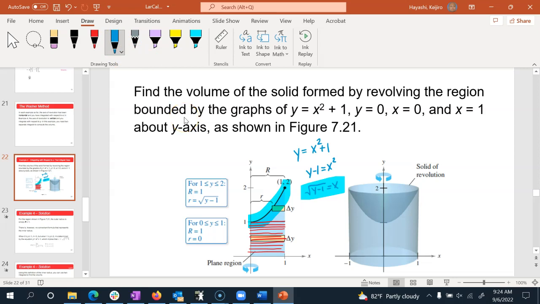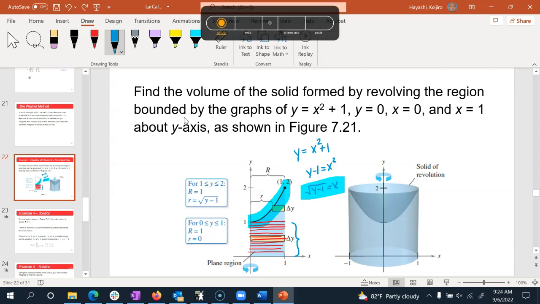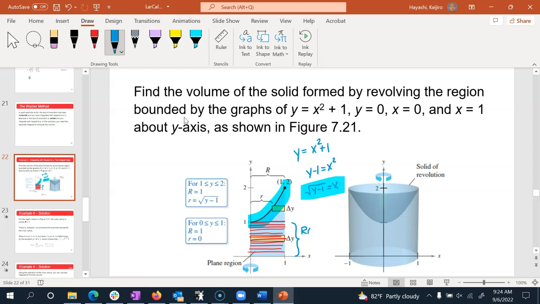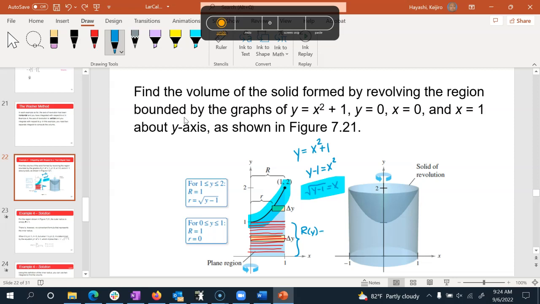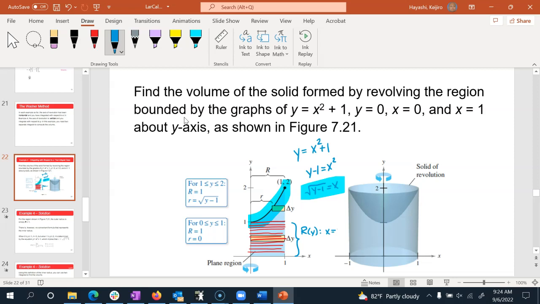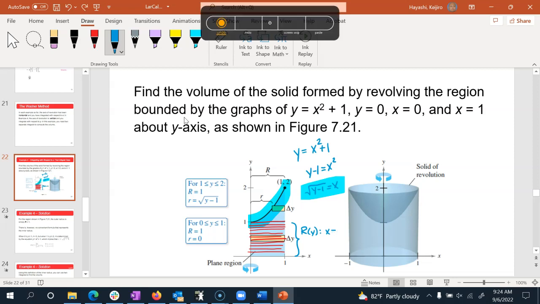So for this portion, the radius as a function of y is the equation x equals 1. So just 1, really. You can say r of y equals 1.